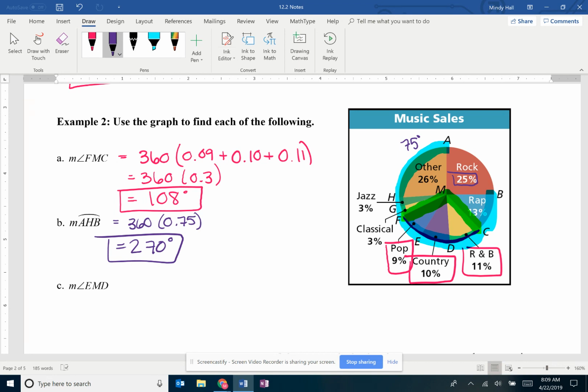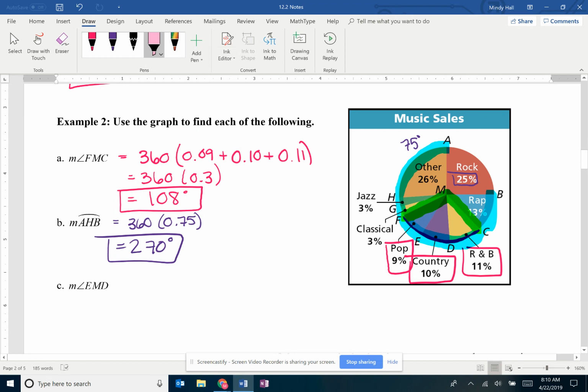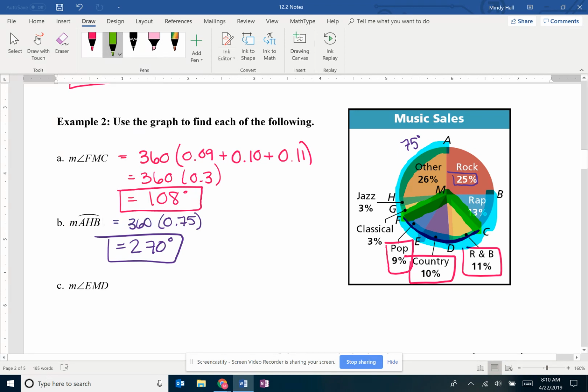And then to find the angle of EMD, let's do the pink. Angle of EMD, E is here, M to D. Actually, that color did not show up nearly as well as I was hoping, but it is this little slice right here.